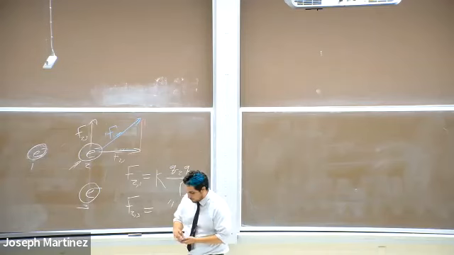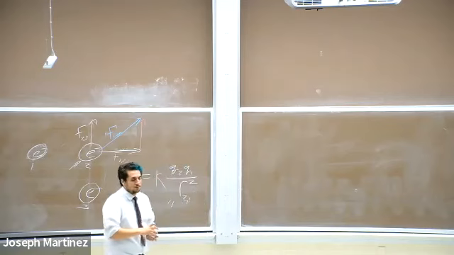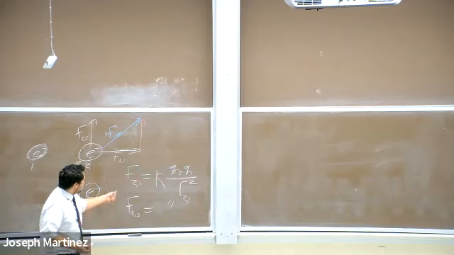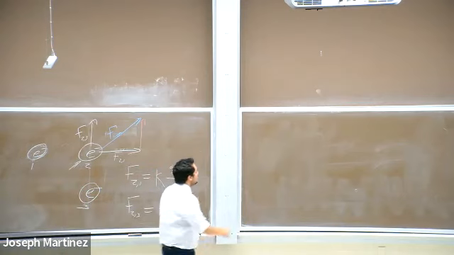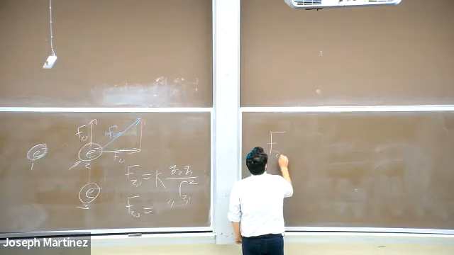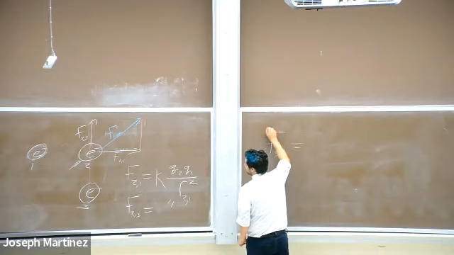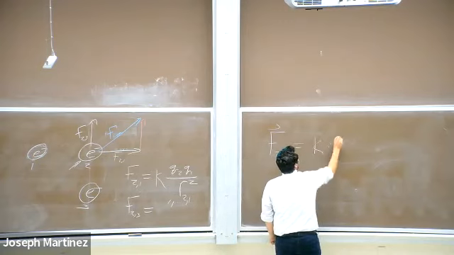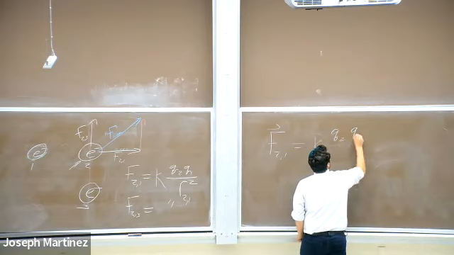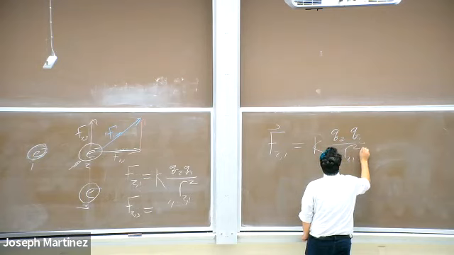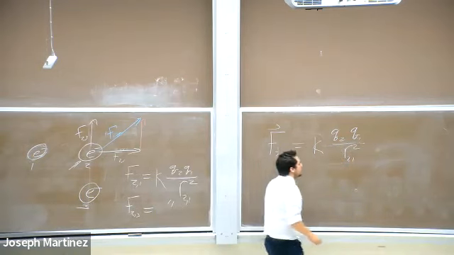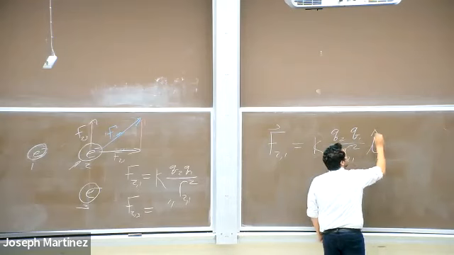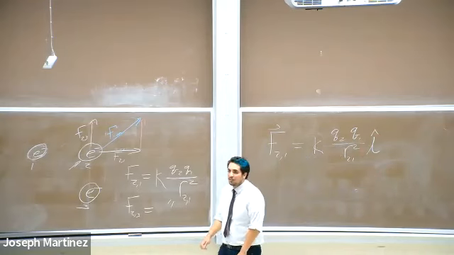Okay, so you're saying let's add them up component by component, right? These just tell us magnitudes. We can write them in vector form. We can say that F21 is equal to k Q2 Q1 over R21 squared, and this is in the positive I hat direction, the positive x direction, using unit vector notation.